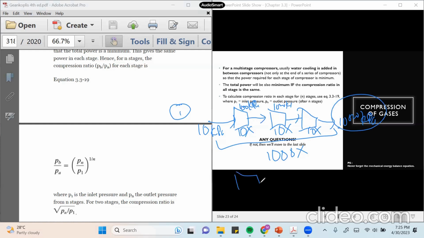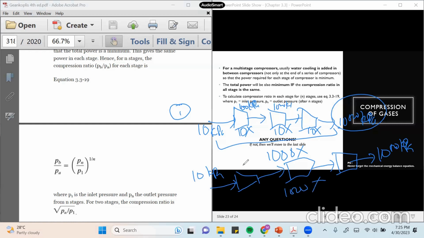And then I have another case. Again, 10 kPa and 10,000 kPa. It's also 1,000 times, right? However, I increase it by 20 times here, 5 times here, and 10 times here. It becomes 200 kPa, then 1,000 kPa at this point, and then 10,000 kPa at the last point.